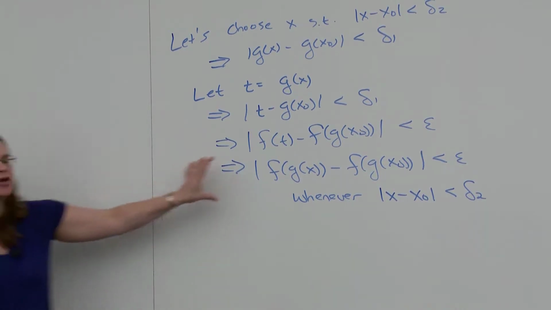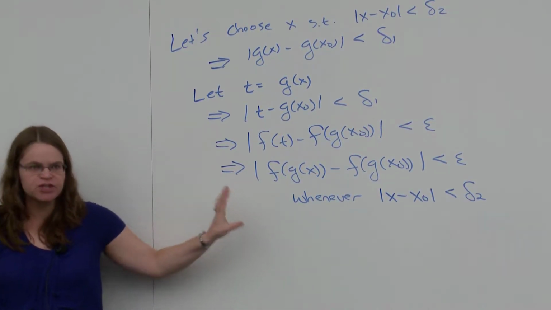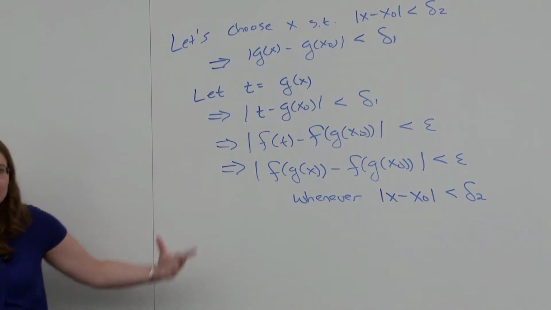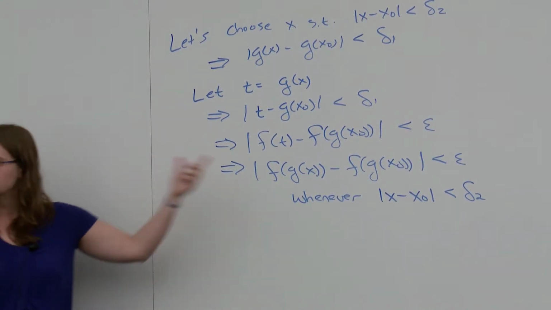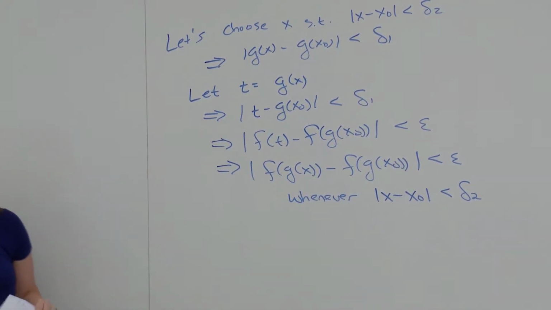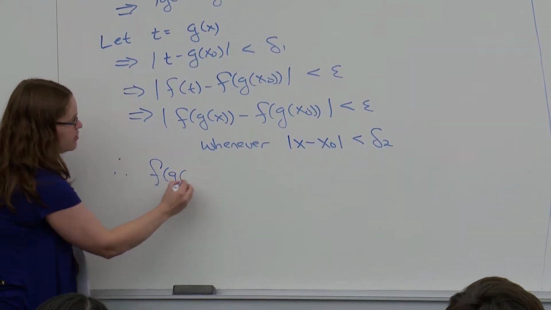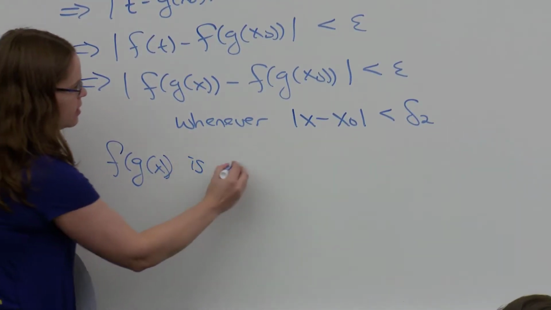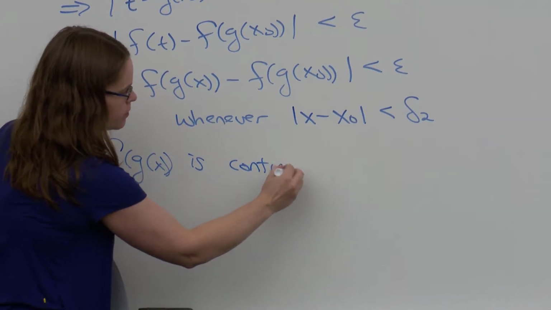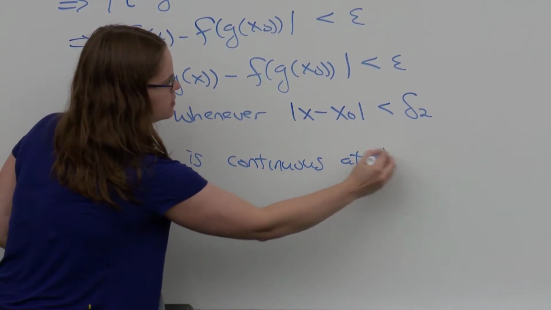All I've written down here is precisely the restatement of the definition of continuity in terms of epsilons and deltas. So this really says that, indeed, f of g of x is continuous at x₀.